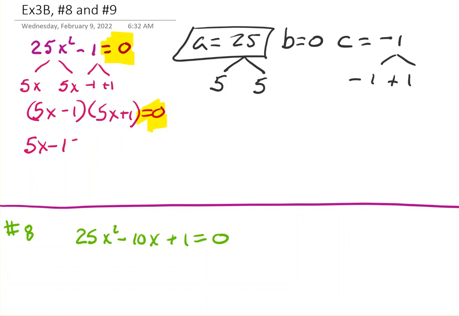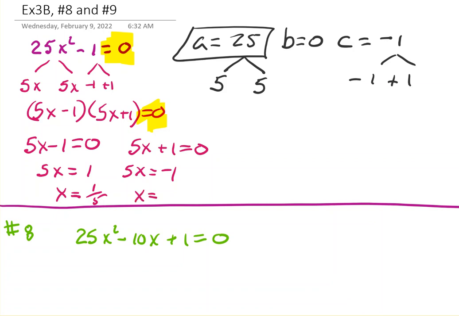So let's do the zero product property. 5x minus 1 equals 0. 5x plus 1 equals 0. Move the ones: 5x equals 1 and 5x equals -1. And finally divide by 5 and you get x equals 1/5 and x equals -1/5.